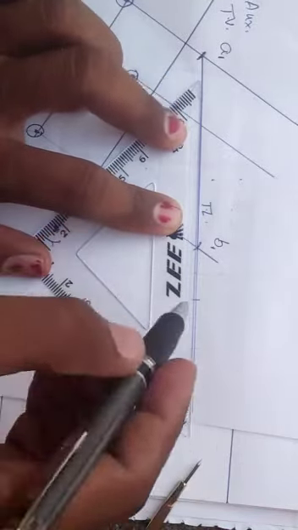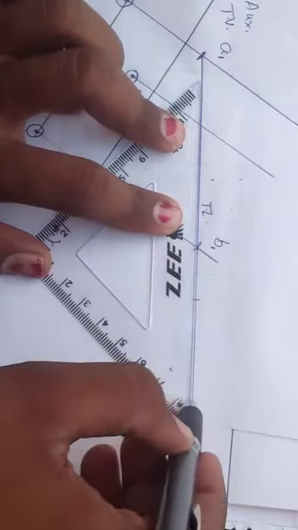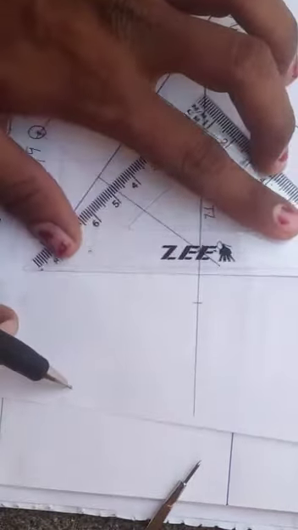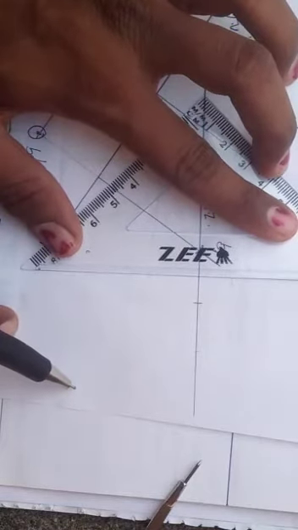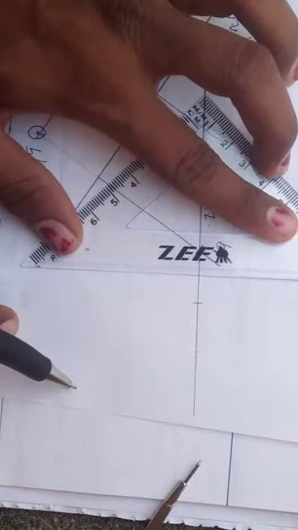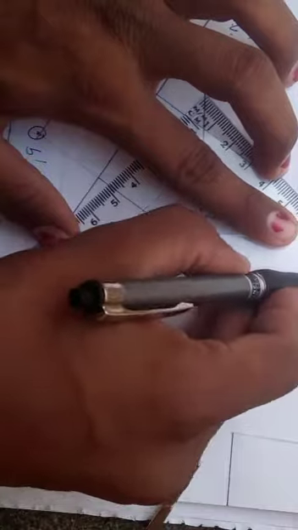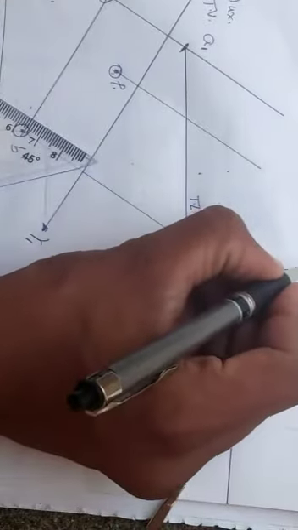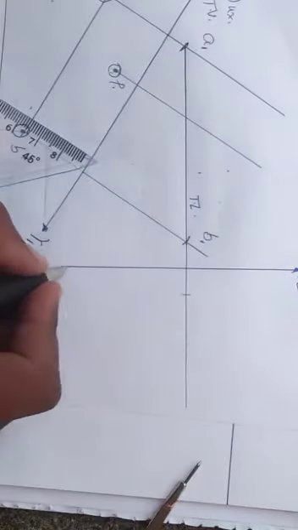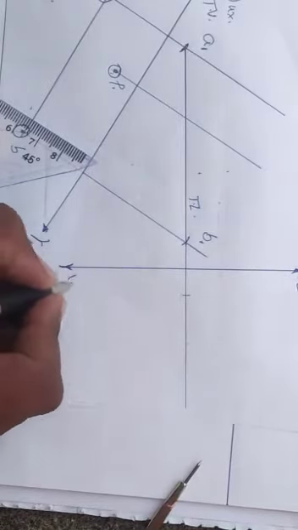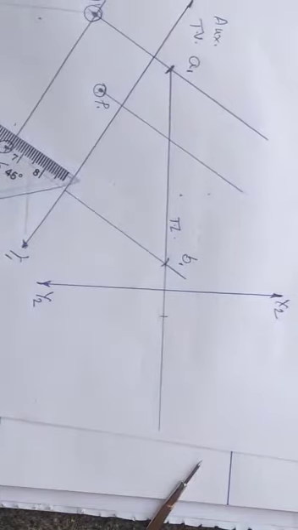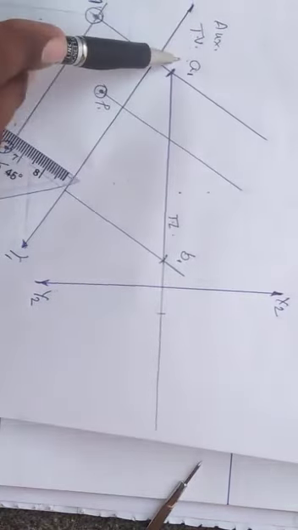As we discussed, projector lines must be faint, but here in order to get clarity I am making these lines a bit dark. Then construct x2 y2 perpendicular to this. So now this is the auxiliary top view.